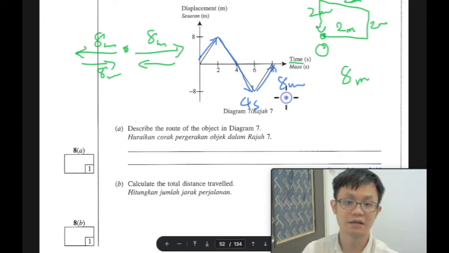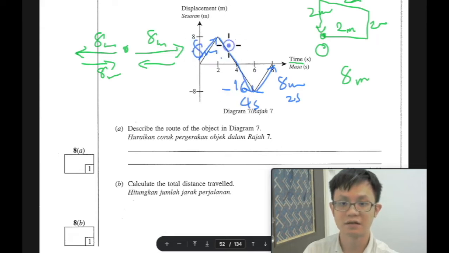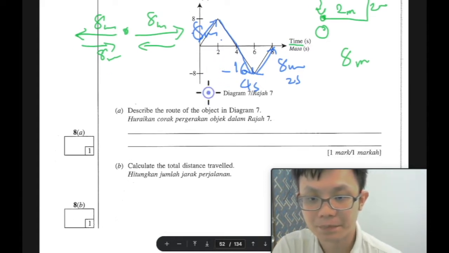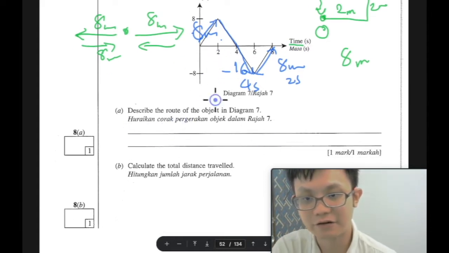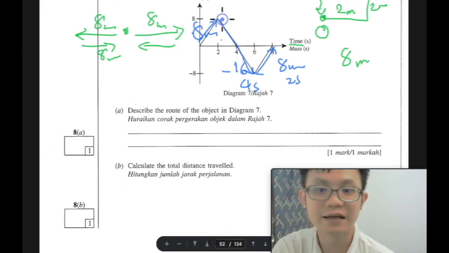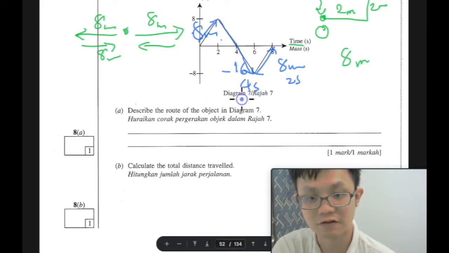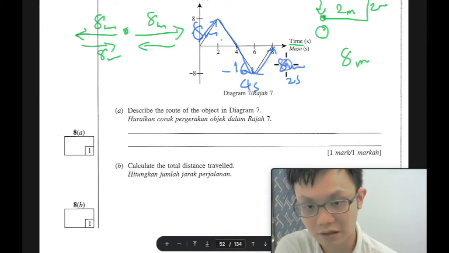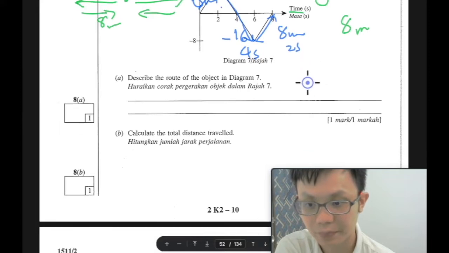For 8 meter in 2 seconds. This one is negative 16 meter, this is 8 meter. No need to write the words. I just say that he travels forward 8 meter for 2 seconds, then he travels backward 16 meter for 4 seconds, then again travels 8 meter for 2 seconds.